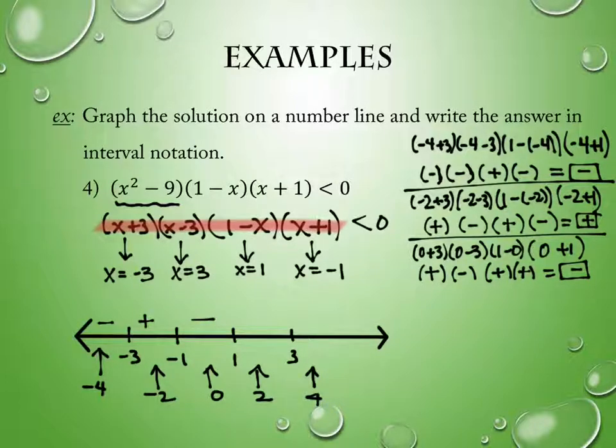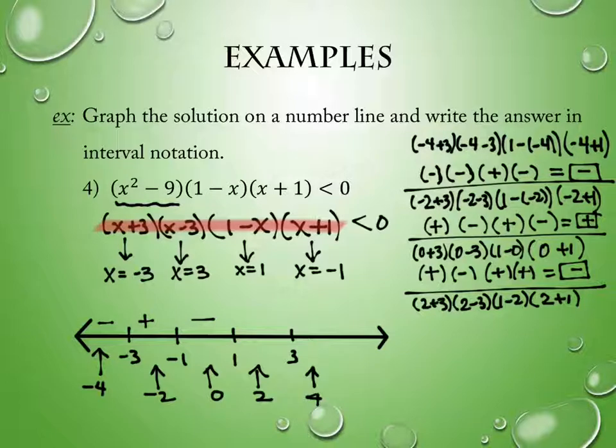Let's see, I need a number 2. 2 plus 3, 2 minus 3, 1 minus 2, 2 plus 1. Okay, I think I got them on there. Is that okay?